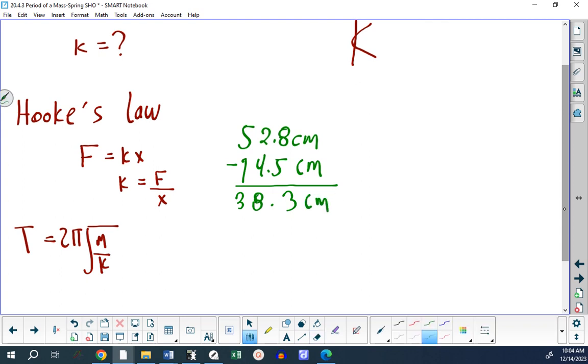This is a displacement of the mass away from the equilibrium position. And the force, I actually have a sticker on here. It says 2 newtons. It's not exactly 2 newtons. That's just for demonstration purposes. This is a 200-gram mass. So if we take 200 grams in kilograms and multiply by 9.81, this is the lab you did, that will be the force.